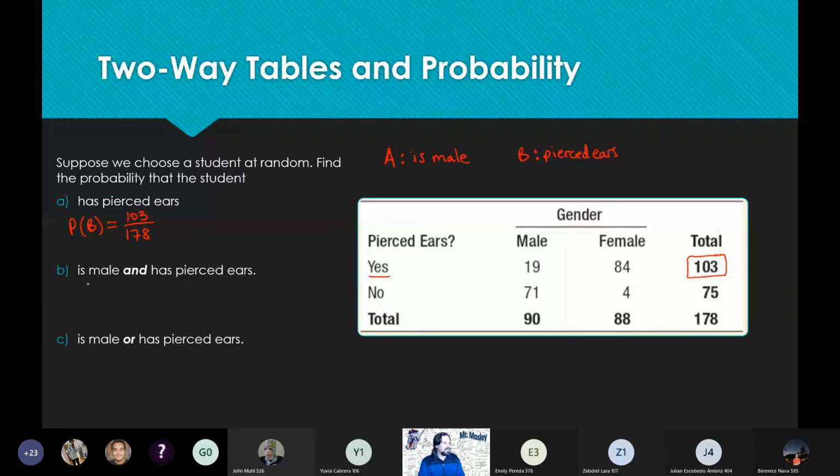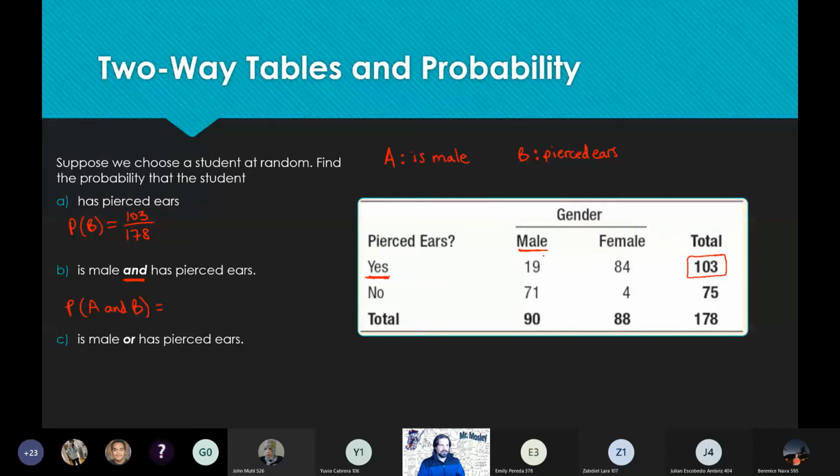Part B here we have is male and has pierced ears. This is important. We're looking at the "and" scenario. So I'm determining the probability of A and B. I'm looking at the male column here and yes to pierced ears.